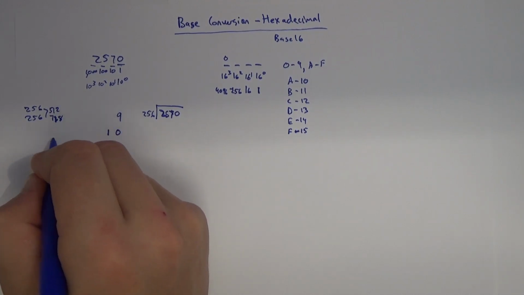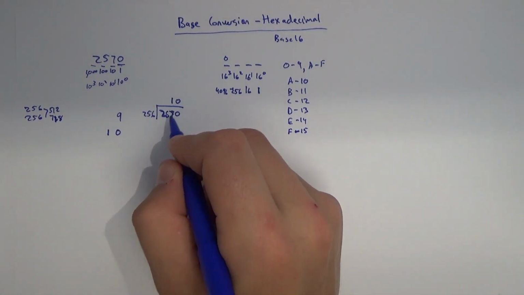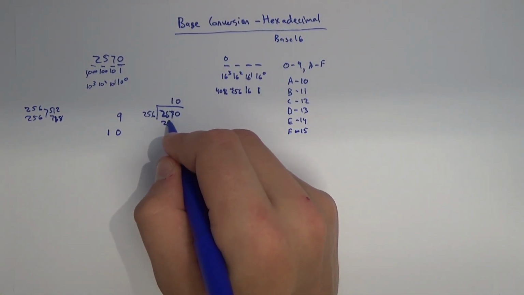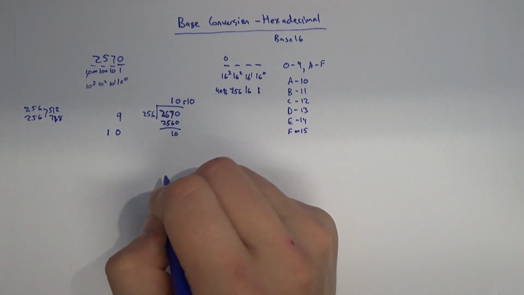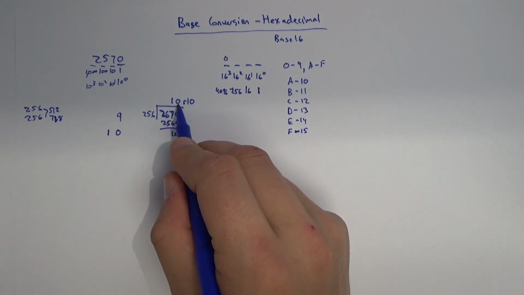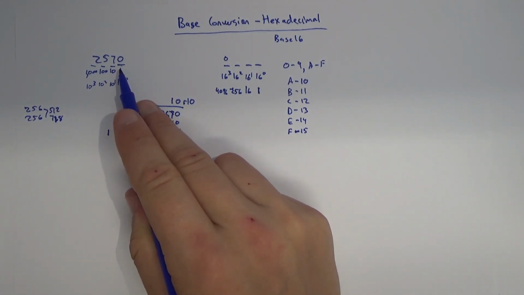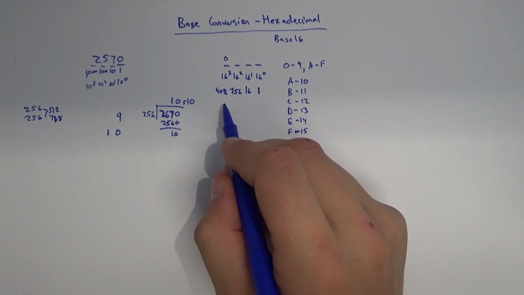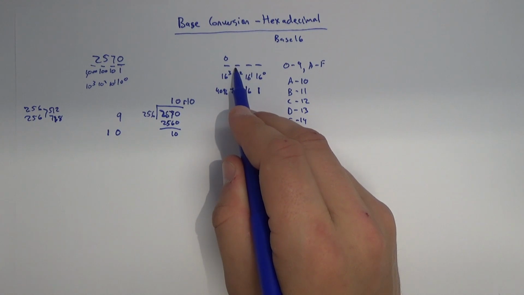Okay, 512, 768, so on and so forth. I know that this is 10, so for the sake of time, I'm going to go ahead and do 10, 2560, which would leave me with a remainder of 10. So I have 10 256s in 2570. So in order to account for 10 256s, I need to put the value of 10 in this digit here.